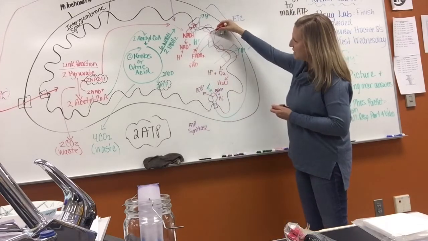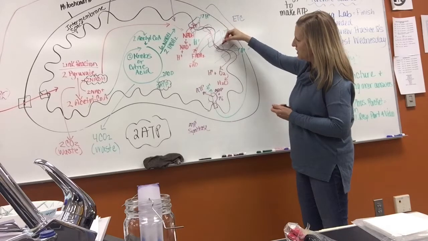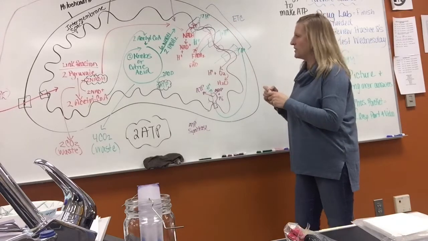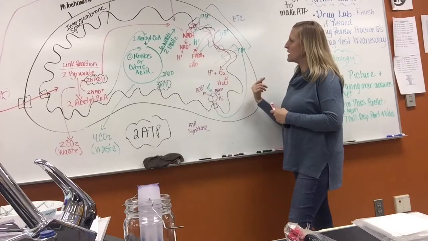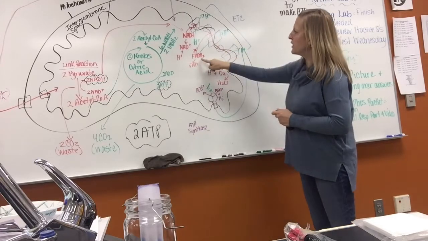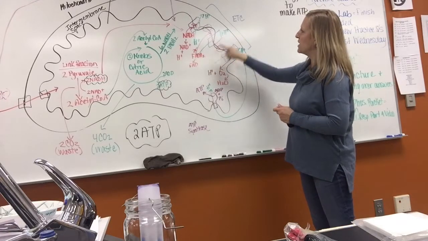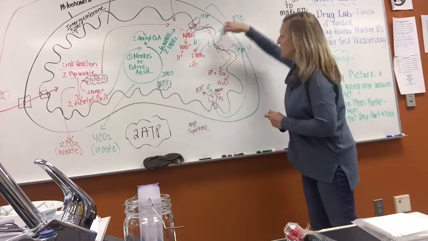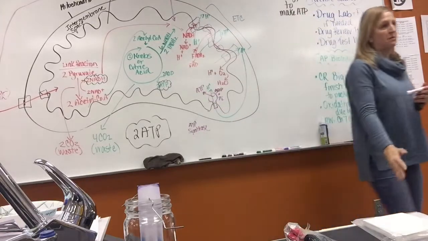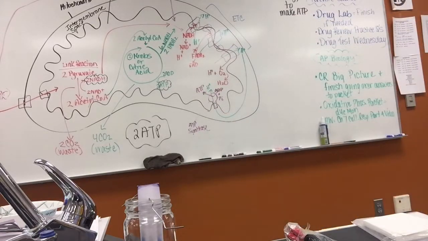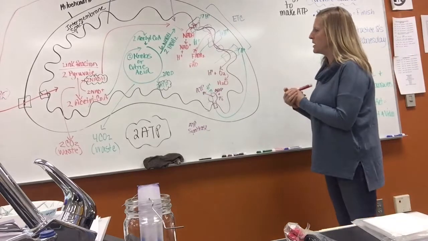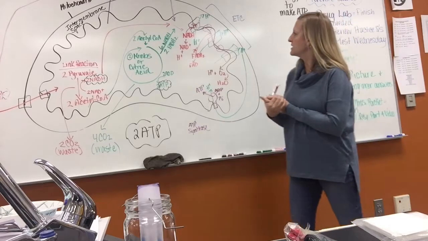And these electrons, therefore, only go through 1, 2 of the complexes here. They still go to make water, but 1, 2. So therefore, FADH2 pumps 1, 2 H pluses, which means 1, 2 ATPs can be made. All right. So FADH2 makes less ATP. All right, this still helps to make ATP, but per molecule, less ATP there.